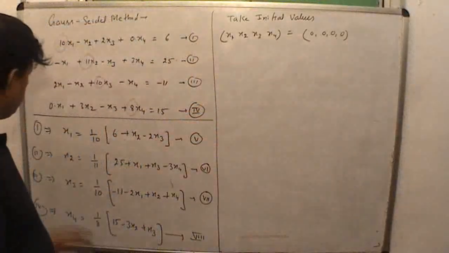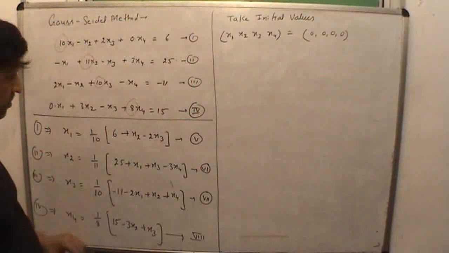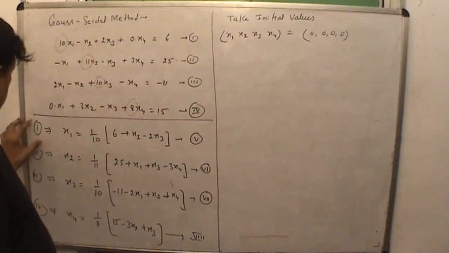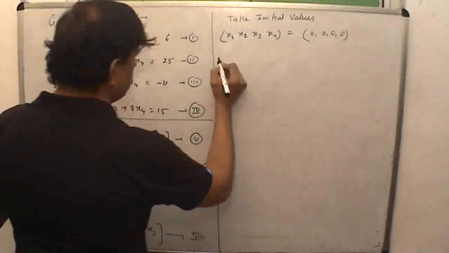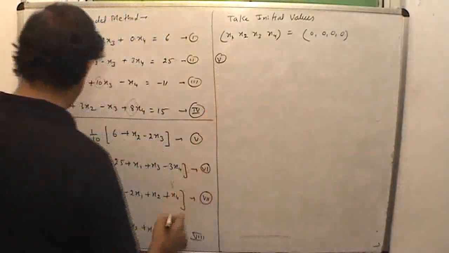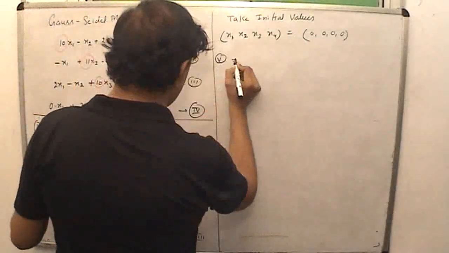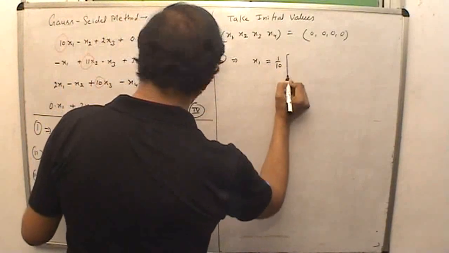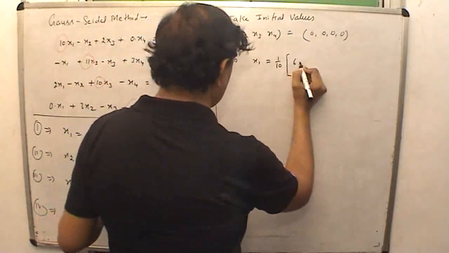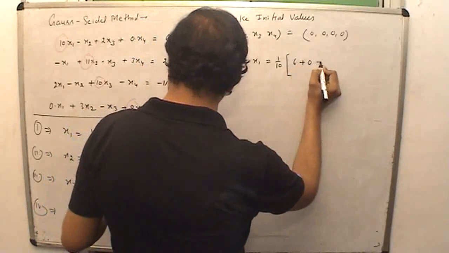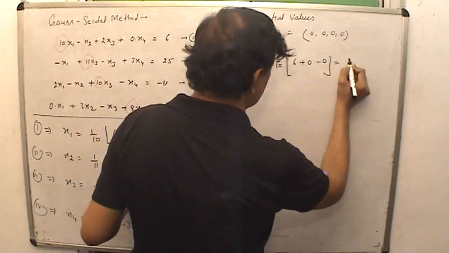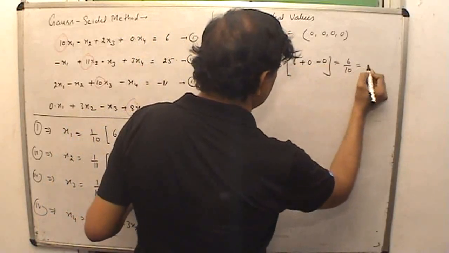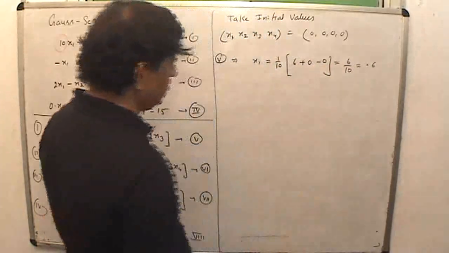Now we shall put these values in these equations. Again, the step is the same. From equation 5, we calculate x1 is equal to 1 by 10 into 6 plus 0 minus 0, that is equal to 6 by 10, that is equal to 0.6.